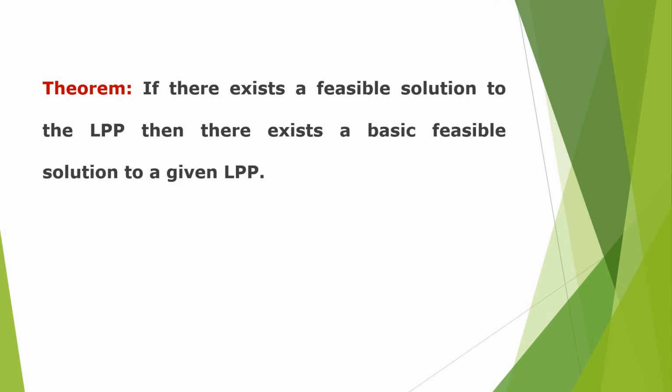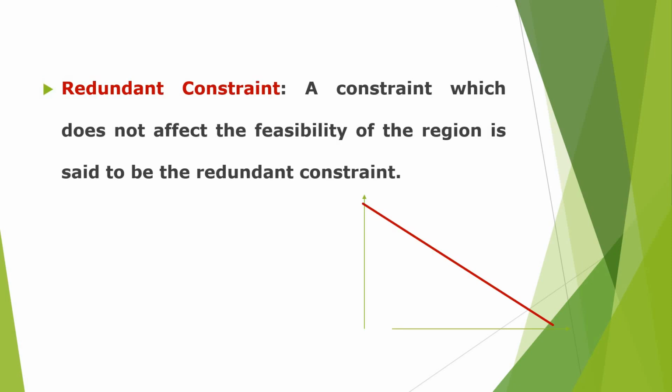Next result, if there exists a feasible solution to an LPP, there exists a basic feasible solution to the given LPP. So if a feasible solution exists, then it guarantees a solution to exist in terms of a basic feasible solution.